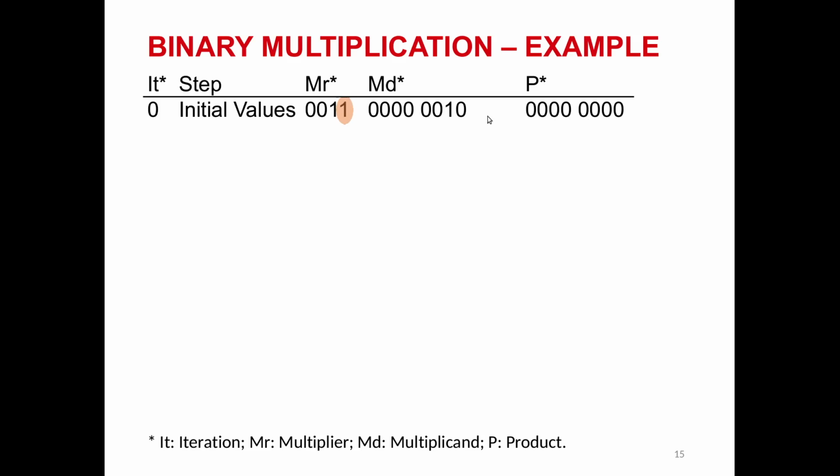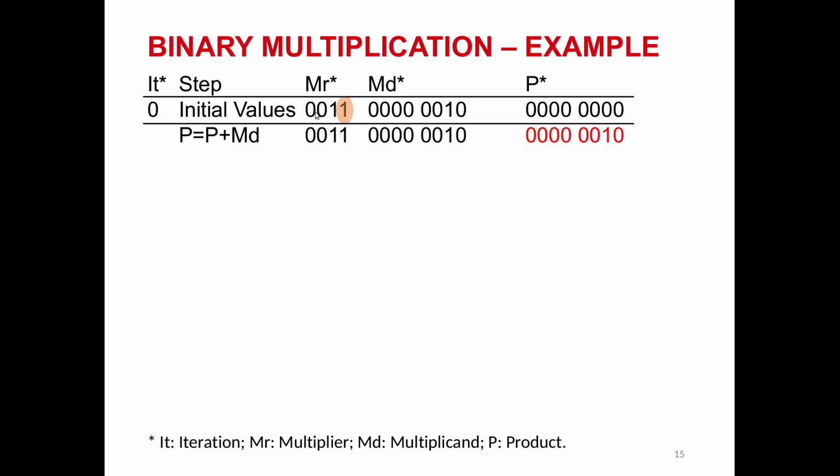At first, we check the bit 0, the most right bit, the least significant bit of multiplier, the value is 1. So we know that we will need to add multiplicand together with product to have the new product value.